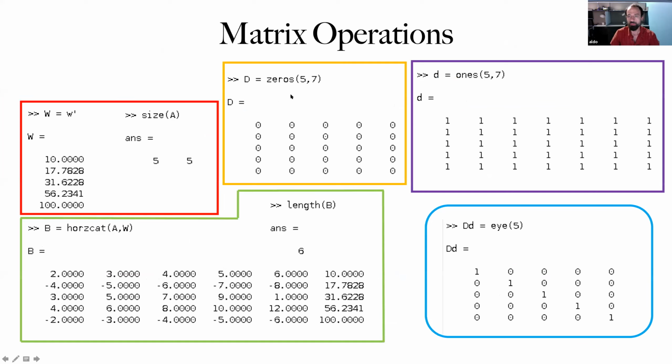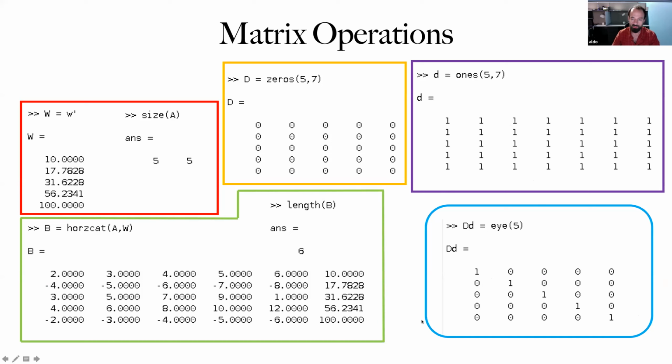There are some built-in functions like zeros, and in this case we're creating a 5 by 7 matrix, all filled with zeros. Another one is ones, and you do the same, but instead of zeros it's 1. This other function is eye, and it will give you the identity matrix with 1 on the diagonal and 0 anywhere else.